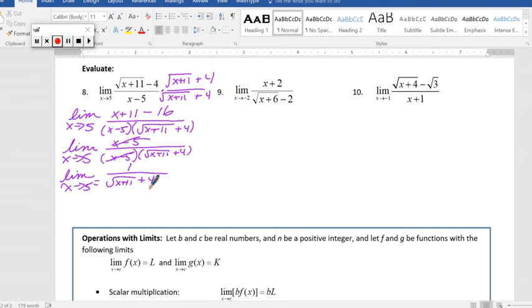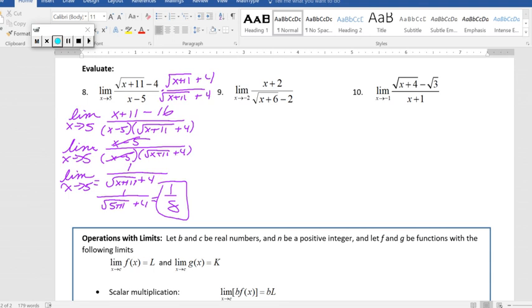When we go in, we could substitute 5 in here. I'm going to get 1 over the square root of 5 plus 11 plus 4. That's 16, so it's going to be 1 over 8.